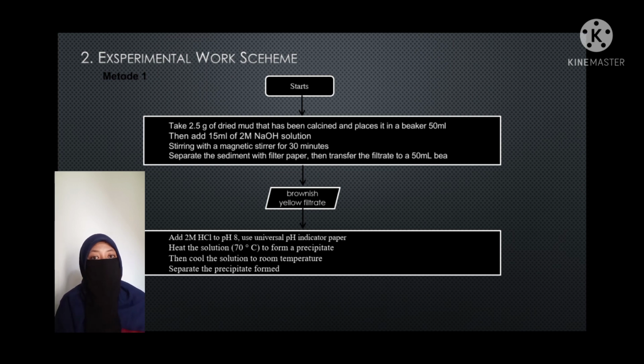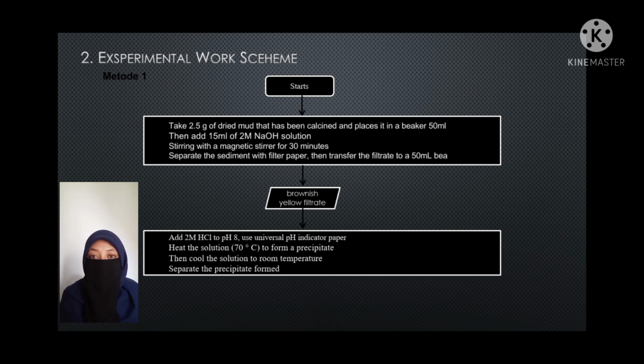Separate the sediment with filter paper, then transfer the filtrate to a 50 ml container. Result: brownish yellow filtrate.